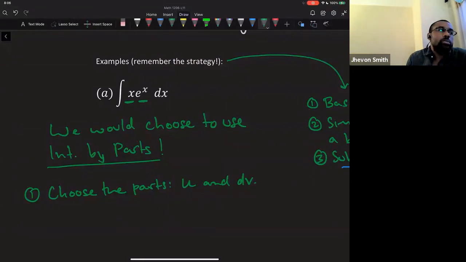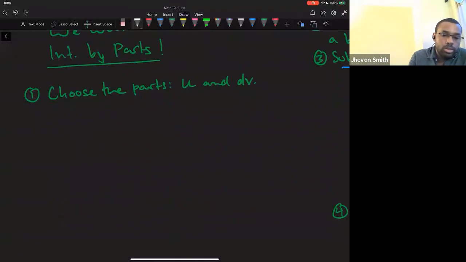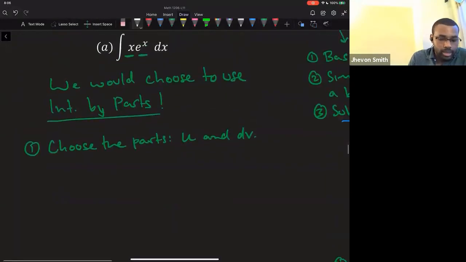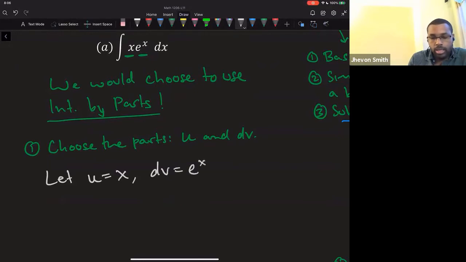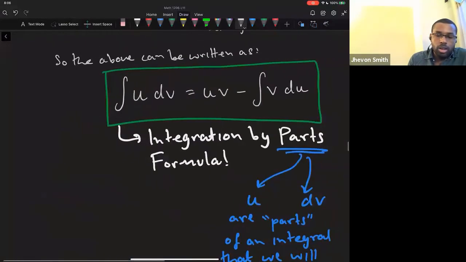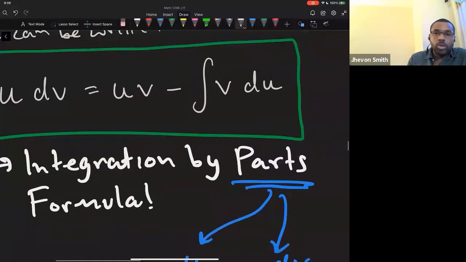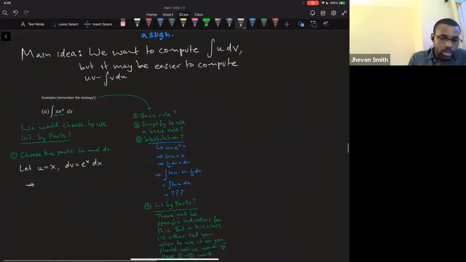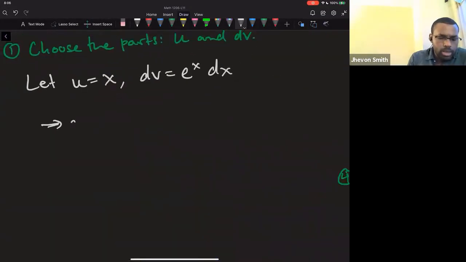And so here, let's do this. I have x e to the x. I'm going to let u be x and let my dv be e to the x dx. Okay. Now what I'm going to do is I need to find the other side of the formula. So once I have my u and dv, I need to find the v and the du as well. So that's what I'm going to do. This means that du is equal to dx.